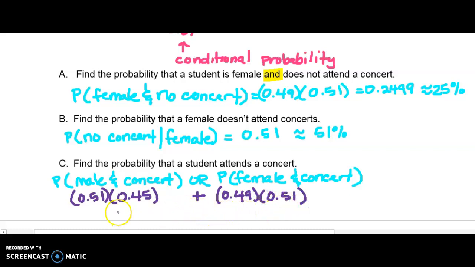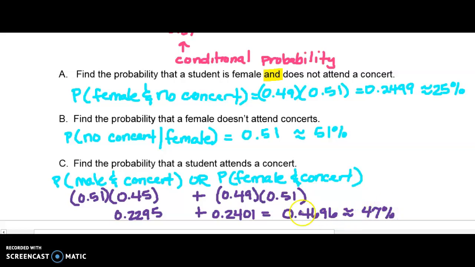So if we add those together, we're going to have 0.2295 plus 0.2401, which is going to give us 0.4696, which is approximately 47% of students go to concerts.